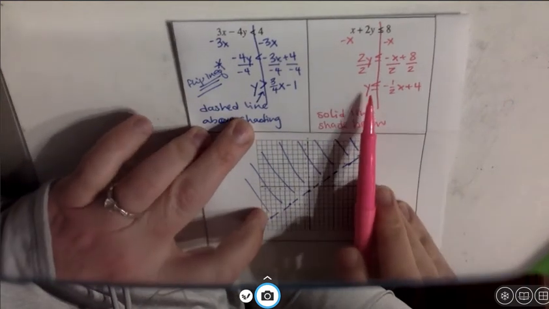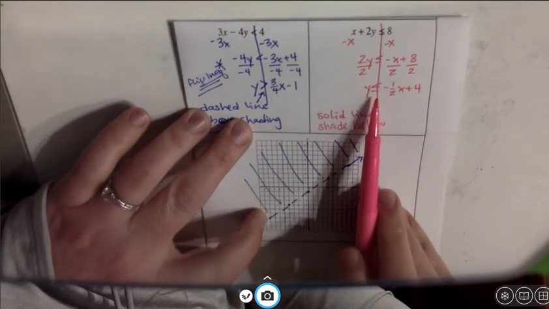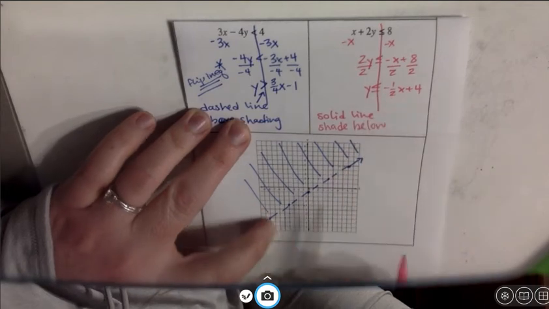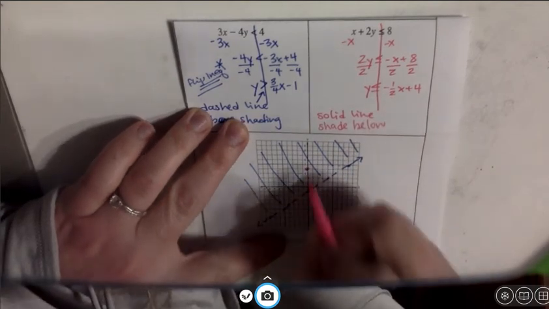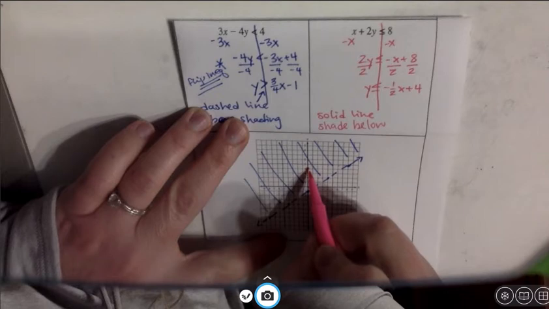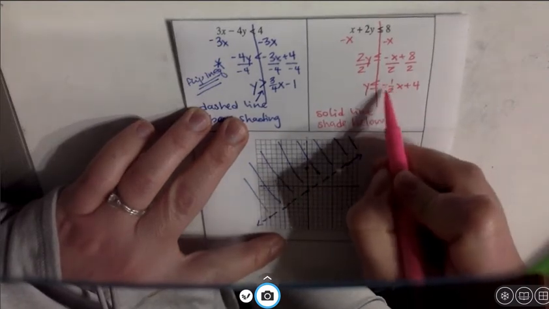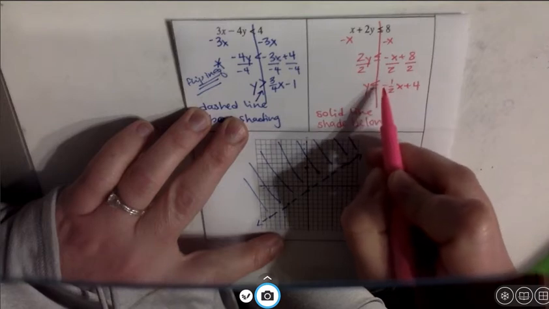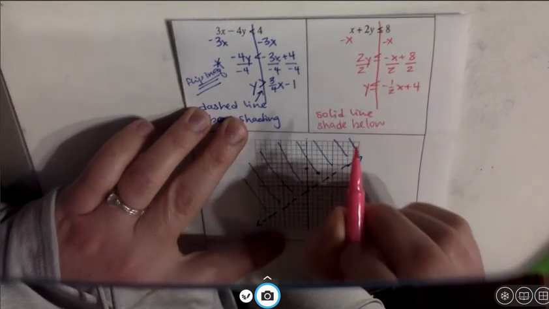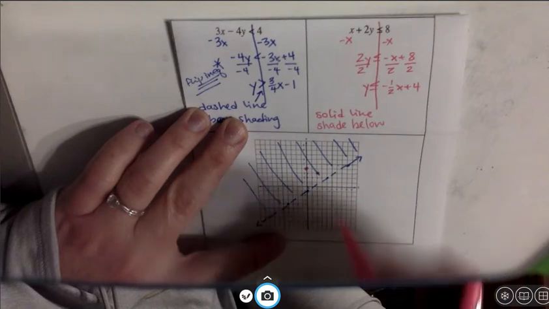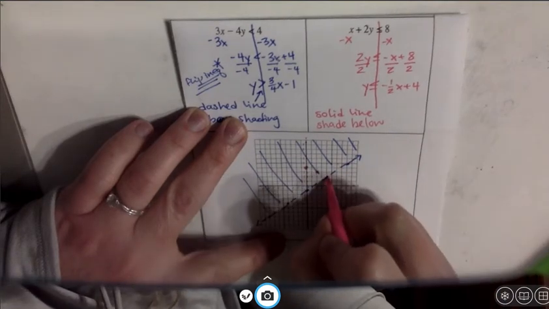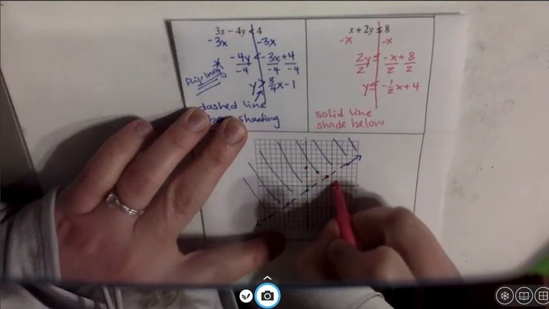So now let's do this next one. We have this next inequality, y is less than or equal to -1/2 x plus 4. I'm going to identify my y-intercept of 4. Then I'm going to go down 1 to the right 2. Remember, I usually put this rise part, I'll either rise up or rise down or fall down every single time. So I look at my rise as the positive or the negative.